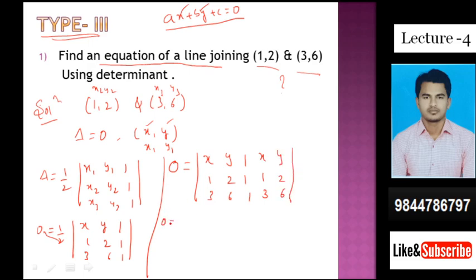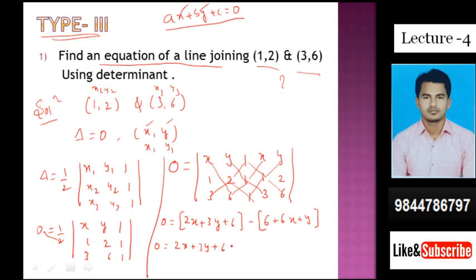Okay, 0 is equal to shortcut method, x into 2, 2x, 2x into 1 is 2x, plus y into 1 is y, y into 3 is 3y, 1 into 1 is 1, 1 into 6 is 6, minus 3 2s are 6, 6 into 1 is 6, 6 1s are 6 into 6x, 1 1s are 1, 1 into y is plus y. 0 is equal to 2x plus 3y plus 6 minus 6 minus 6x minus y.